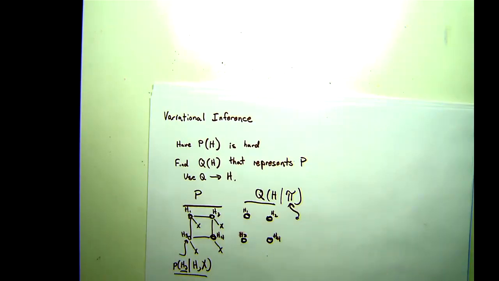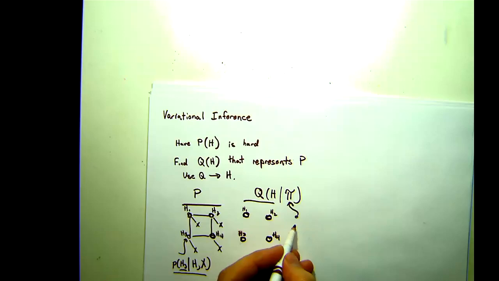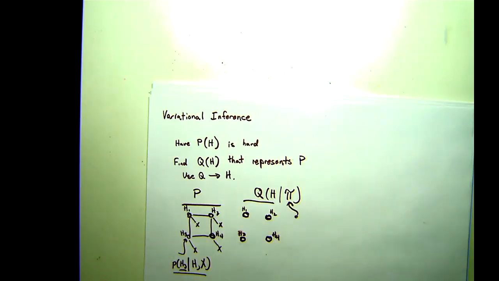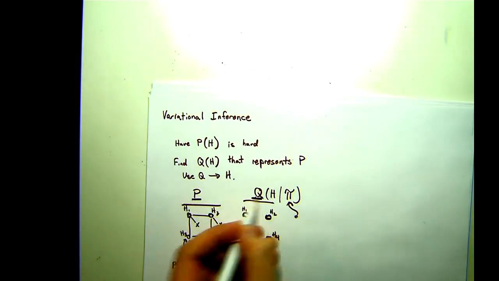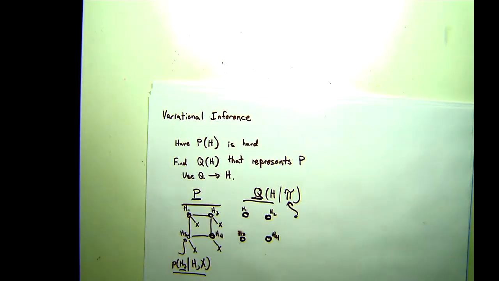So this is a really weird thing. I know some of you are shaking your heads. This is hard to get your head around because it's like we're doing some magic here. But really, the thing that's going to do the magic is some minimization of the distance between P and Q. So P has some settings.